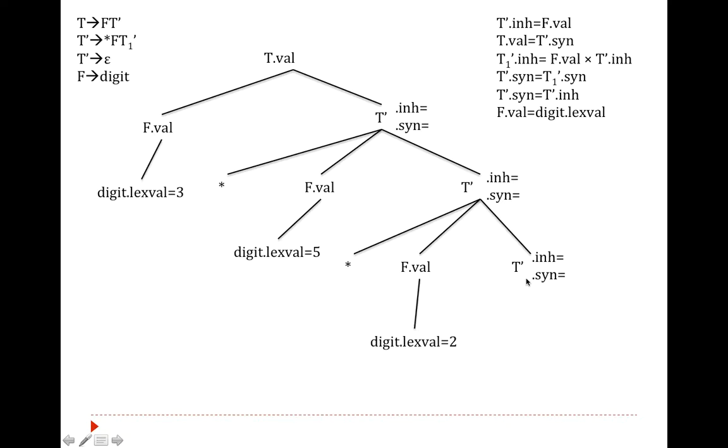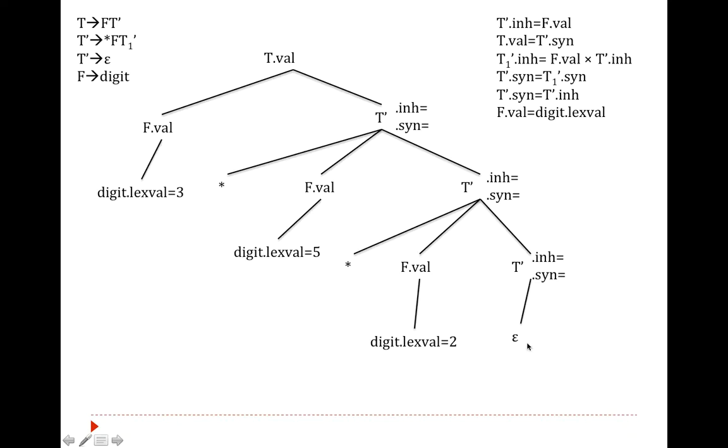Now F will result in digit and this T dash will be replaced by null. So this becomes the fundamental parse tree, where T gives FT dash, then F gives digit, T dash gives star FT dash, F gives digit and T dash gives star FT dash, F gives digit and T dash gives null. So this is the fundamental parse tree.